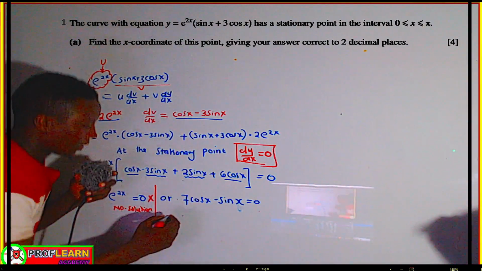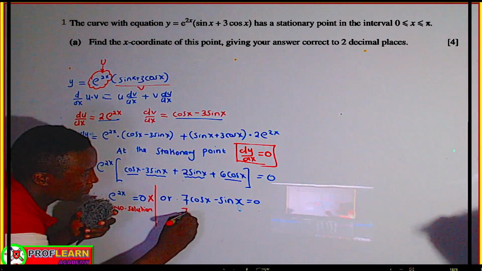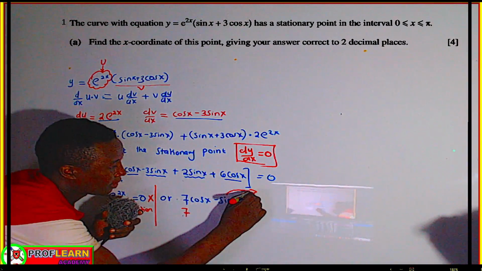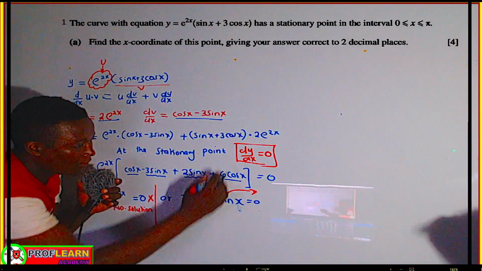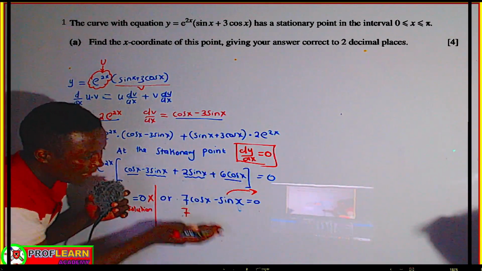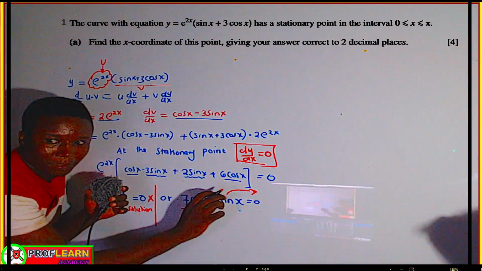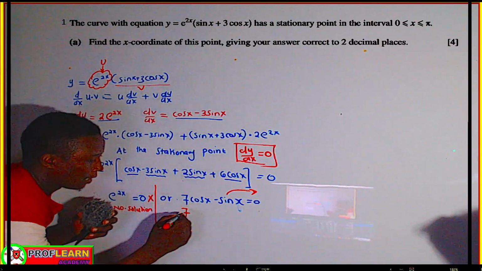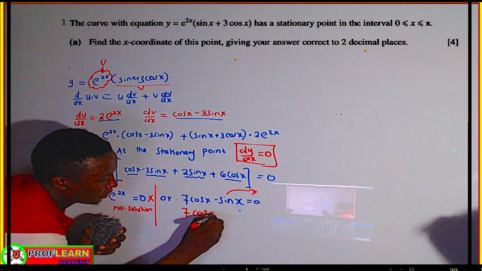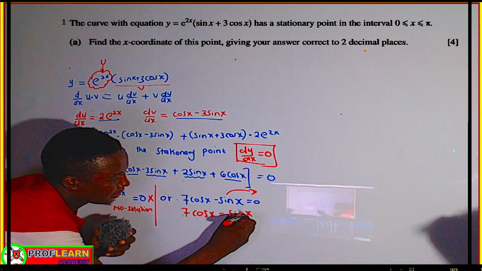And that means that we can take this term to the other side of the equal sign, and if you take a term over the equal sign, the sign must change. And this is going to be 7 cos x equals sin x.